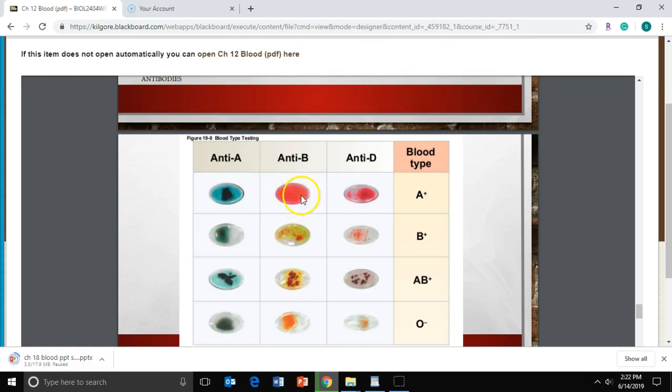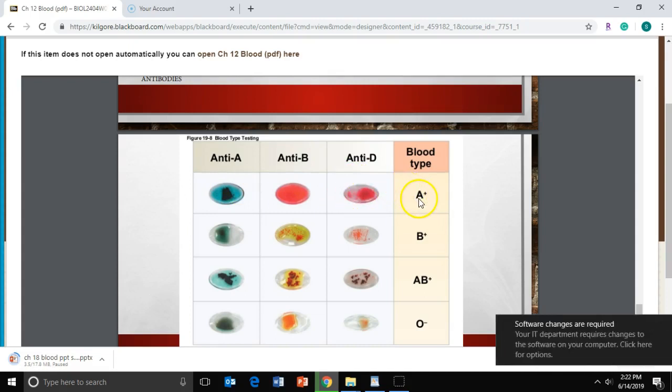So that means that B antigen is not on the surface. And then here we put anti-D or anti-RH on the surface, and it did agglutinate. And what that means then is it does have the D antigen. So if it clumps, it does have the antigen that this antibody is binding to. That means that it does have A antigens and it does have RH antigens, so it's A positive.